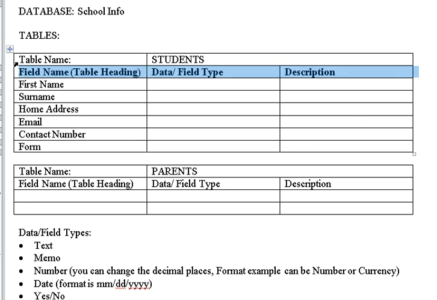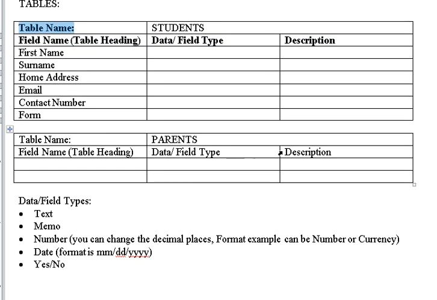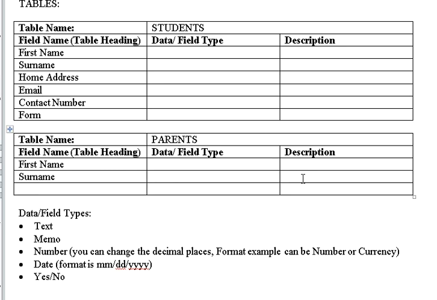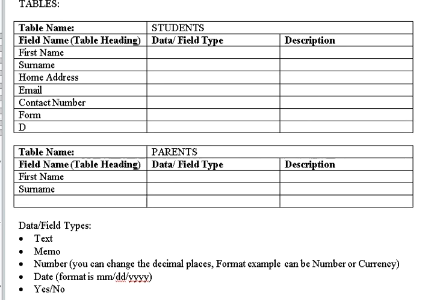Let's see parents now. Again, we have first name and then we have surname. Then, oh, I forgot date of birth here.